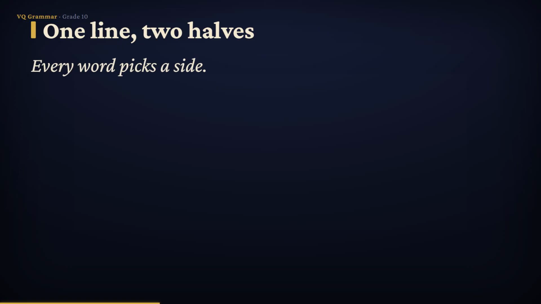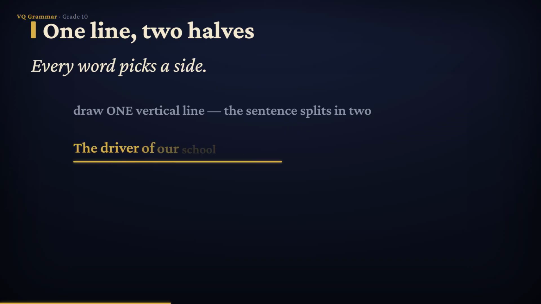Here's the picture I want you to carry with you. Every sentence divides cleanly into exactly two halves. You can draw a single vertical line to show it. Watch. The driver of our school bus waits patiently. Where does the line go? It goes right after the word bus.